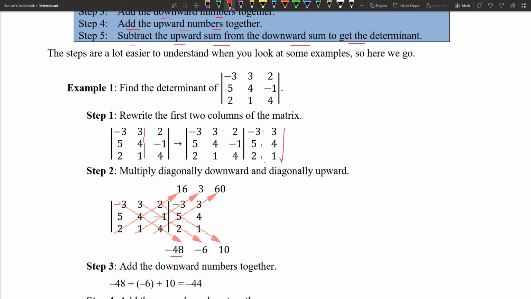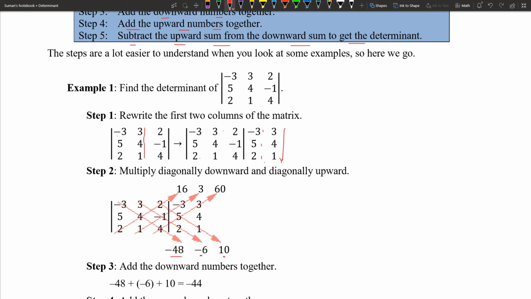Then 3, minus 1, 2: 3 into 2, 6, into minus 1 is minus 6. Then 2, 5, 1. Just look at the arrows here, so you can see how to multiply diagonally downwards. So 2 into 5, 10, into 1 is 10.